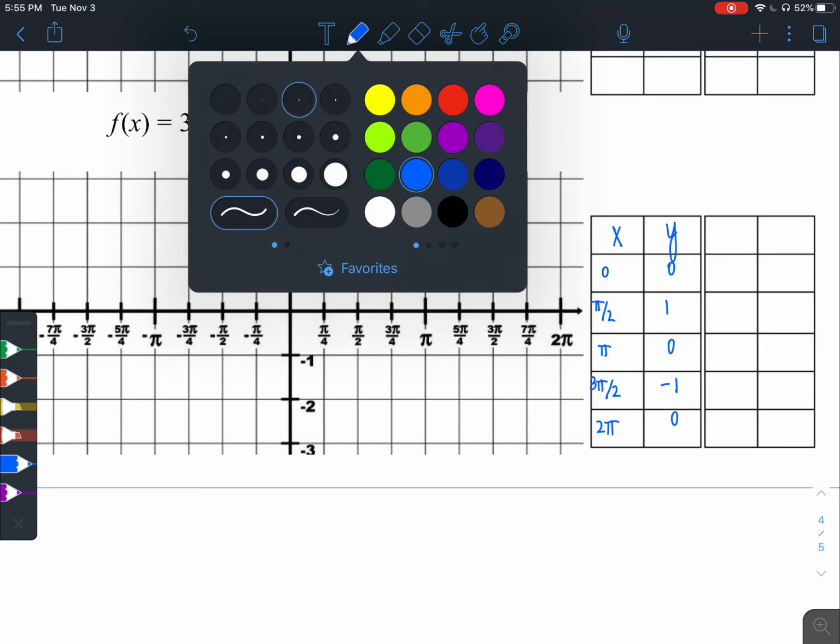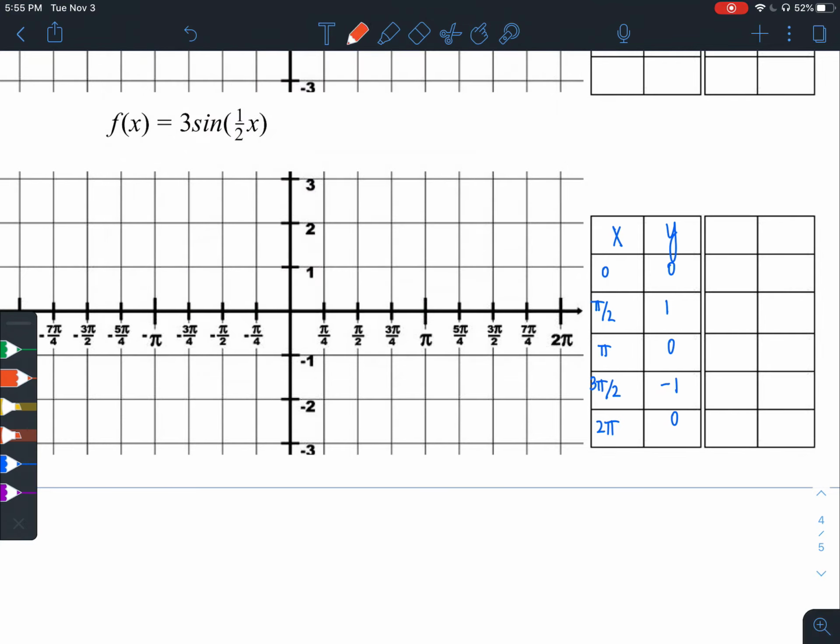So let's talk about what each of these values is doing. This 3 is a change in y. It's changing the amplitude. So we're going to take each of these y values and multiply by 3. This value here is a change in x. We're going to take each of these x values and divide by a half.